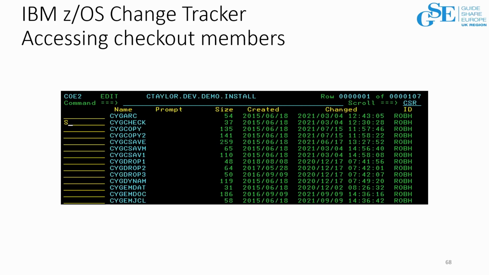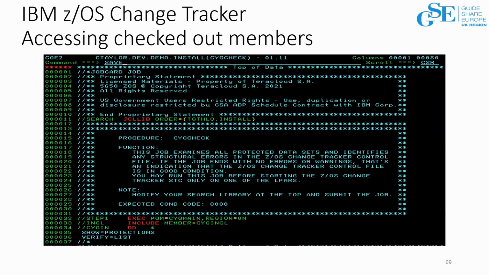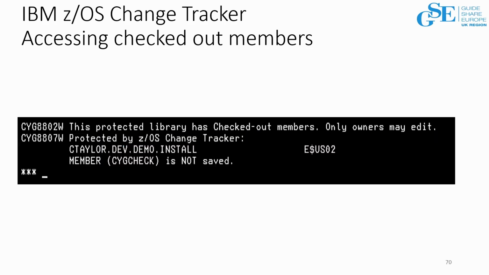So what happens if I try to do something against CYGCHECK? I'll type in save here. It says, okay, this data set has checked out members, but CYGCHECK is not one of them. So in other words, no, that's not a member that you can update. If you needed to update that, you have to go back to the administrator and ask them for permission, for the authorization, to check out the member so that you can then update it.